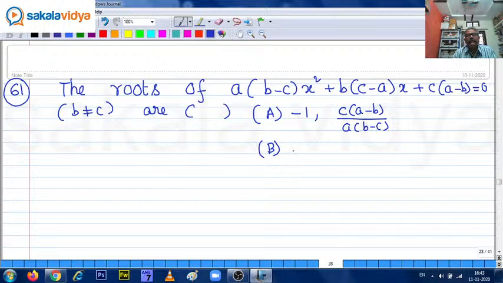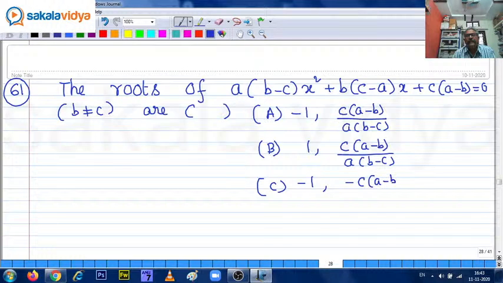Option B, 1 comma c times a minus b by a times b minus c. Option C, minus 1 comma minus c times a minus b by a times b minus c. Option D, 1 comma 1.